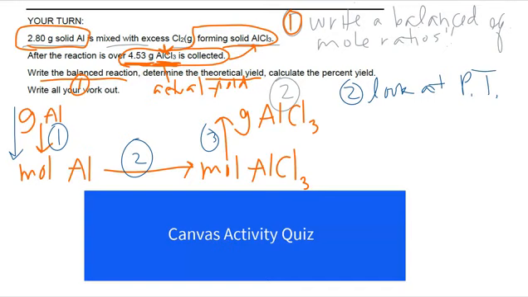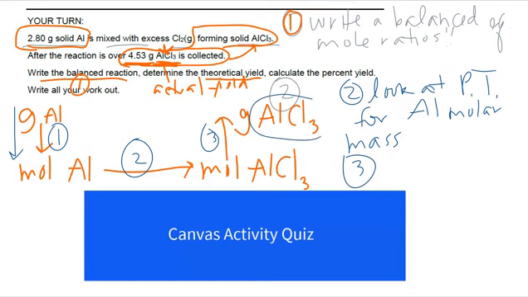Look at periodic table for aluminum's molar mass and then we also need to look at the periodic table for aluminum chloride's molar mass, because when we go from moles to grams, we need to know what 1 aluminum and 3 chlorine's molar mass. So I'm going to do MM for molar mass for AlCl3.